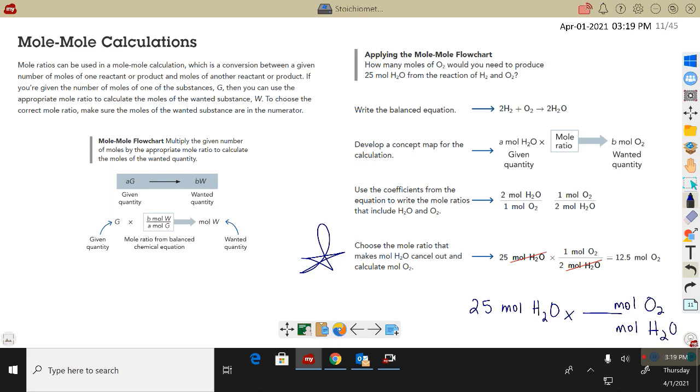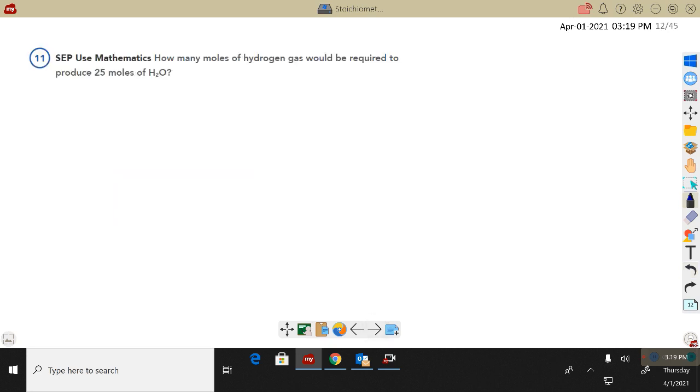So once you set up your proportion, then you just look at your balanced equation to say, okay, there's 1 mole of oxygen for every 2 moles of water. Moles of water will cancel, and then we multiply across the top and divide by anything on the bottom. So yeah, 12 and a half. 25 divided by 2. Okay, I can do this, right?